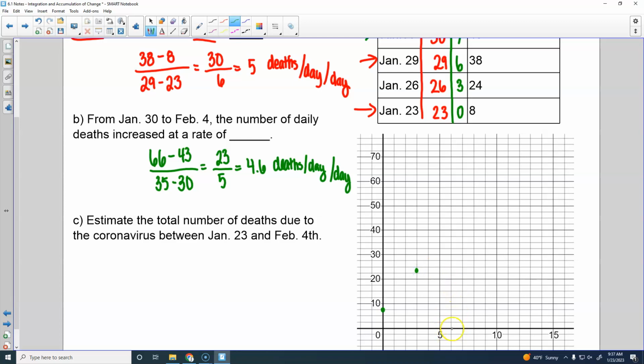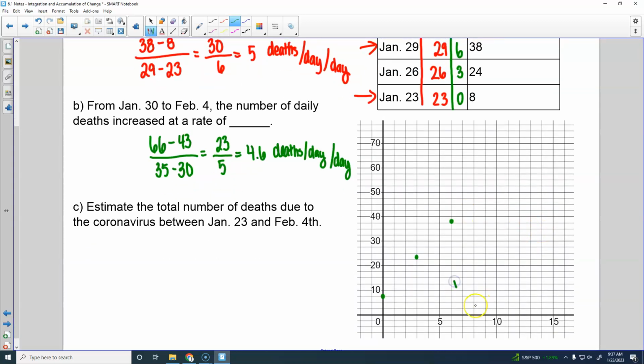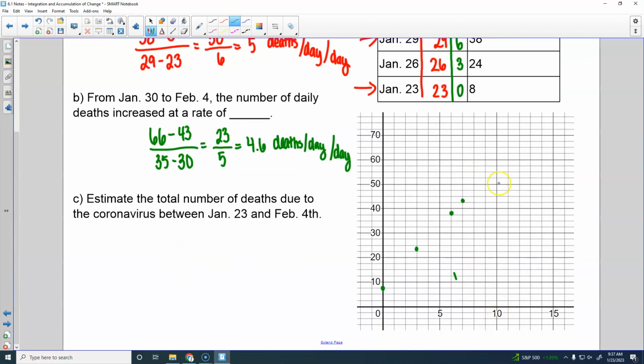And 6, 38 would be a little bit higher right here. Obviously, this doesn't have to be precise. 7, 43. And 10, 58, and 12, 66.